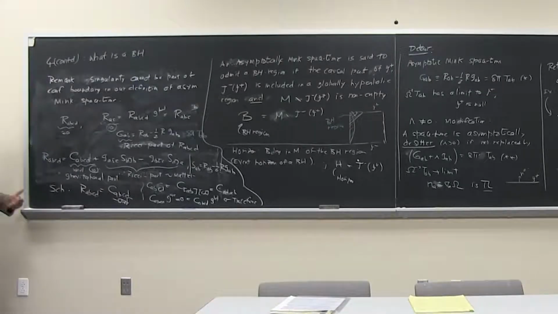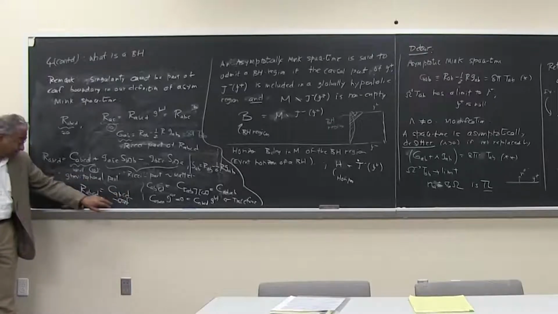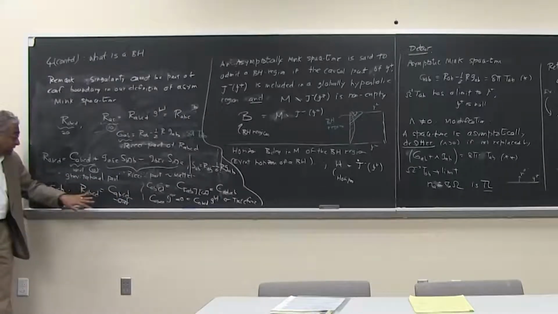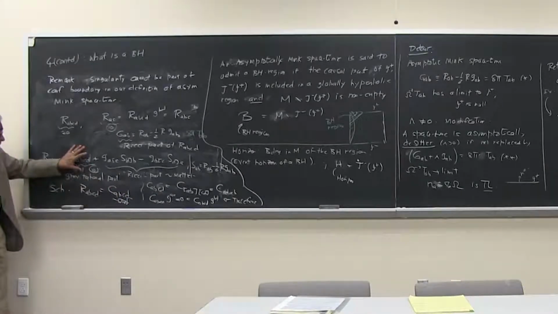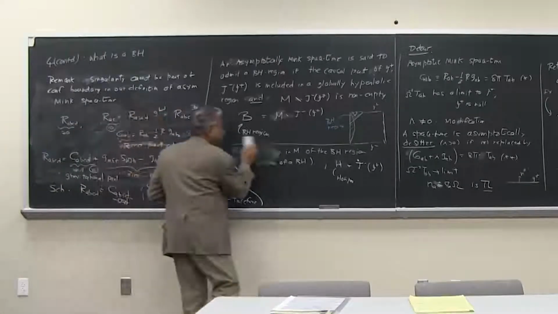So, as I was saying before, Friedman models, cosmological models, are conformally flat, which just means that C_ABCD is identically 0. Let me write that down.